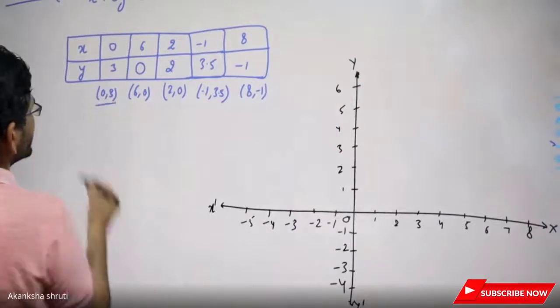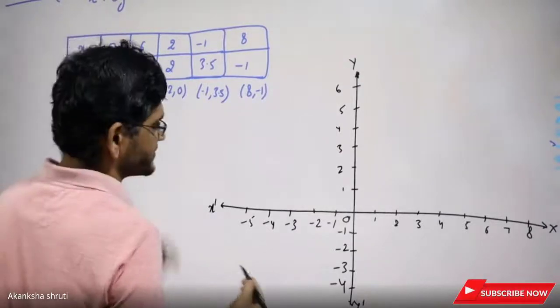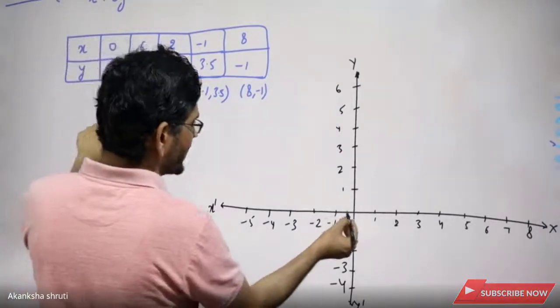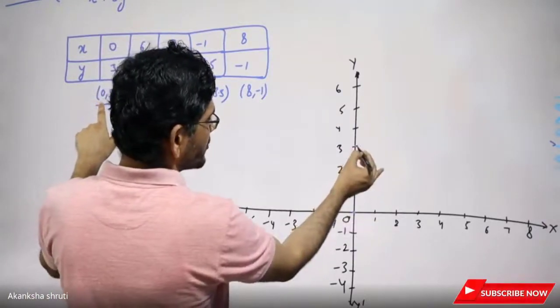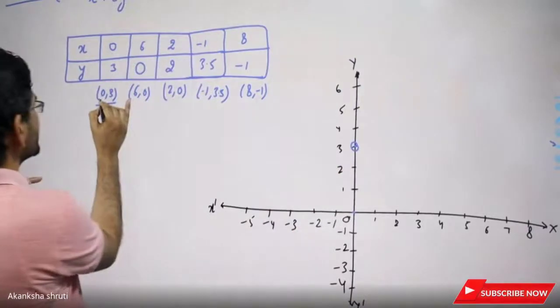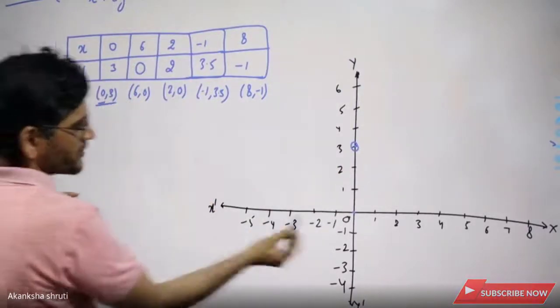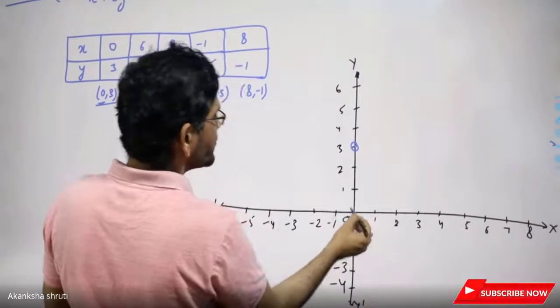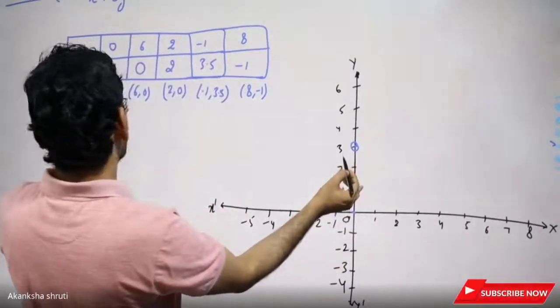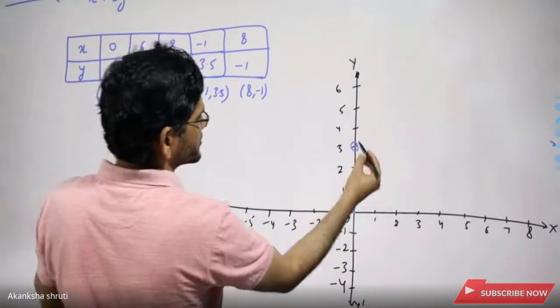Student, the first point is x is 0, y is 3. X is 0, y is 3 means on the x-axis we need not move. We have to go to the y-axis directly. This indicates x is 0, so starting from the origin on x, do not move. Move on the y-axis. Since y is positive, we move to the positive side.